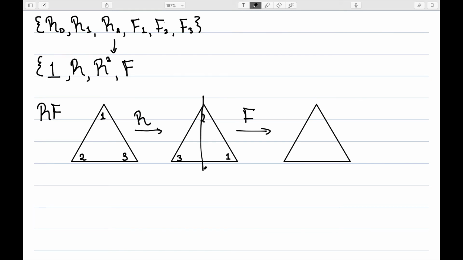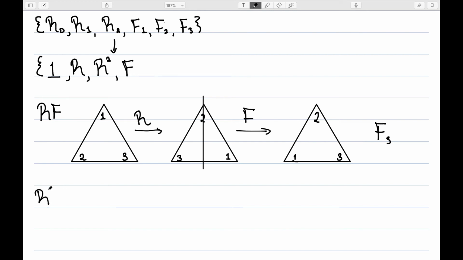So F is a flip through the vertical line here, so 2 would stay at the top, and 1 and 3 would flip. So if I look back at my original triangle and labeling of these vertices versus these, we can see that that's the exact same thing as flipping along vertex 3. So this is the same thing as F3.